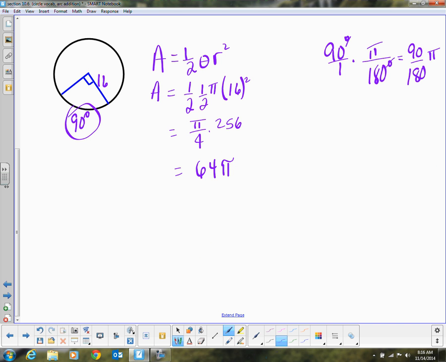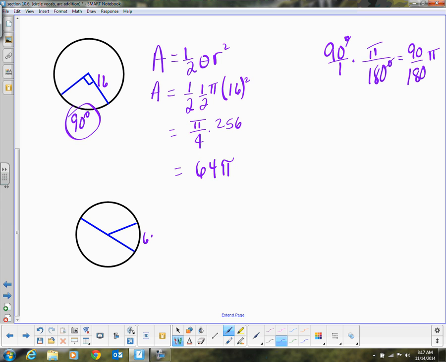All right, then someone wanted one from 10.6, which was arc length. I don't know which one you want from arc length on 10.6, but I'm going to pick one. This is a diameter, and they're telling us that this is 60.